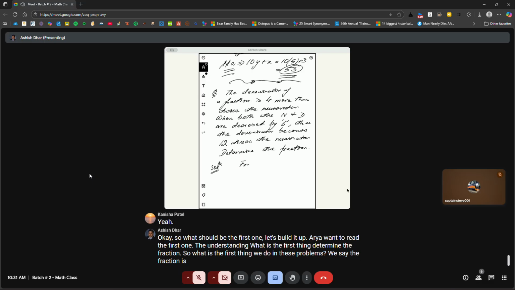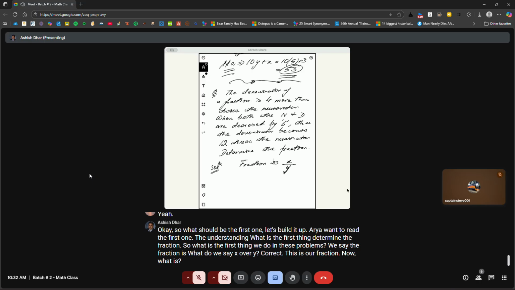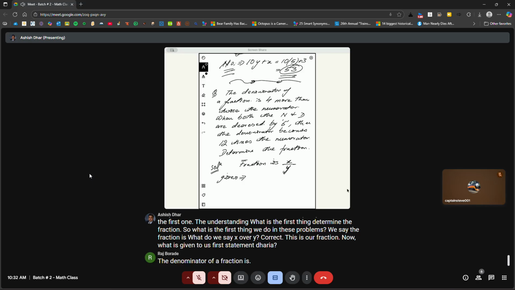We say the fraction is, what do we say? X over Y. Correct? This is our fraction. Now what is given to us? First statement, Arya. The denominator of a fraction is 4 more than twice the numerator.